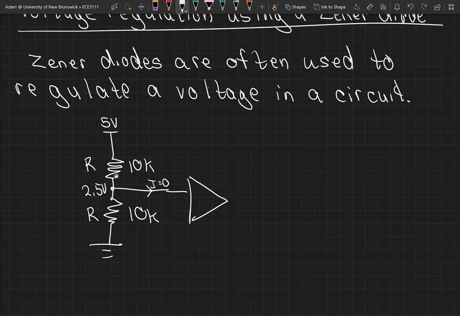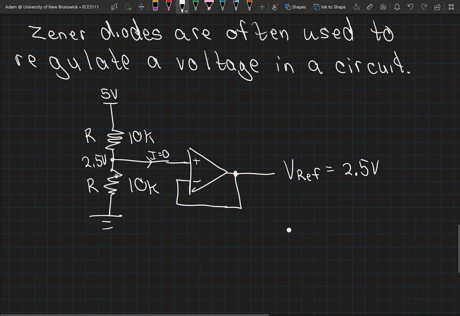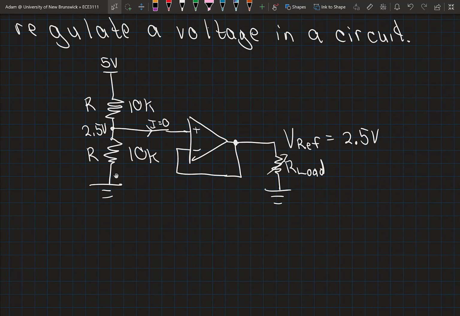And we can do this by using our unity gain buffer that we discovered back in our op-amp section of the course, right? So here we get a nice reference voltage of 2.5 volts, and it's independent of what load might be connected out here, right?